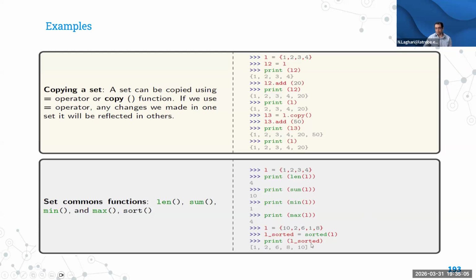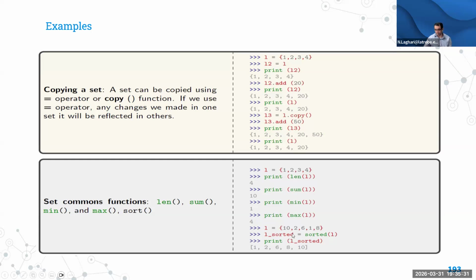And one thing is that when we say that sets are unordered, after the sort, you will see that sorted is not a method of the object, the set itself. This is a separate function which we can use to sort the values, right?